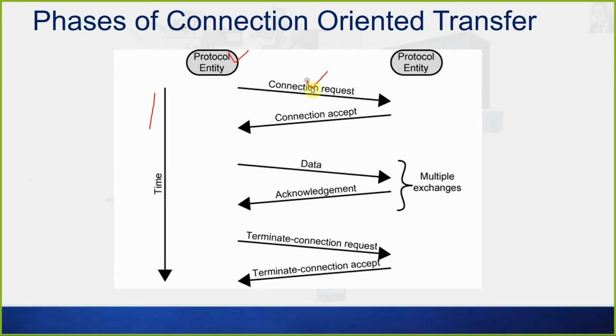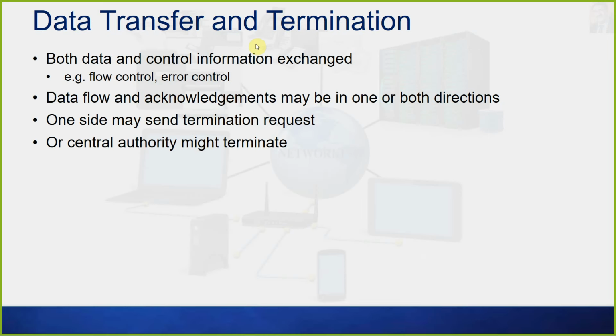Protocol entity: connection request is made, connection is accepted, data is sent, multiple exchanges happen, each data is sent and acknowledged by the recipient, then a connection termination request is sent and the connection termination request is accepted. This is how the connection oriented transfer happens.